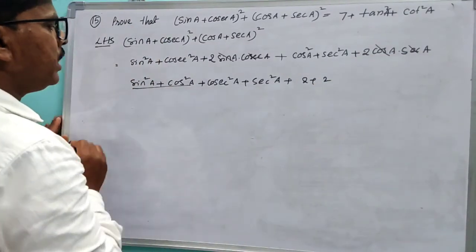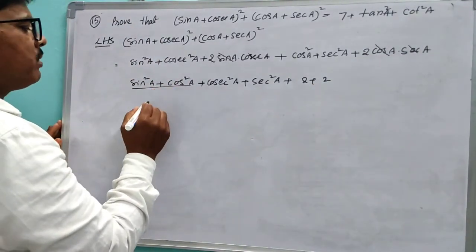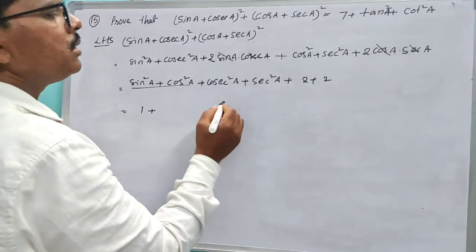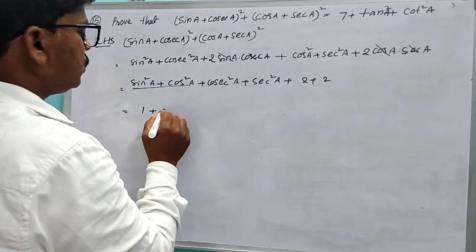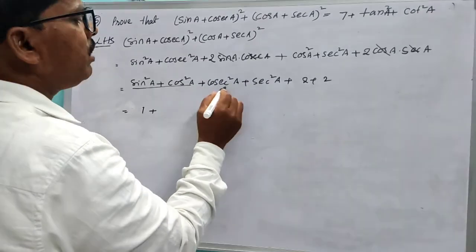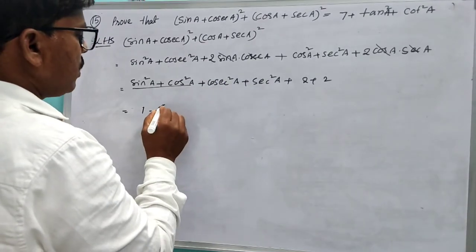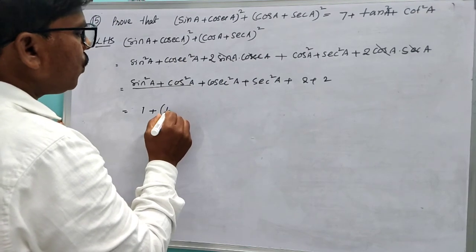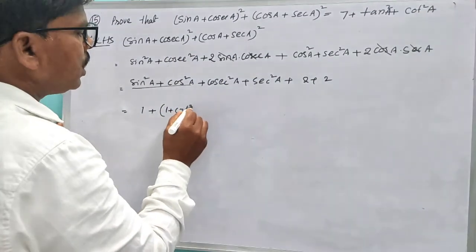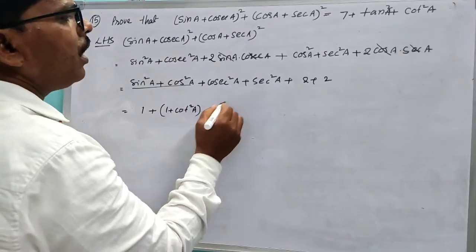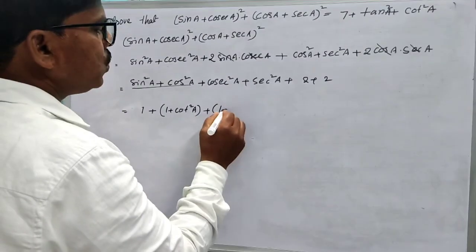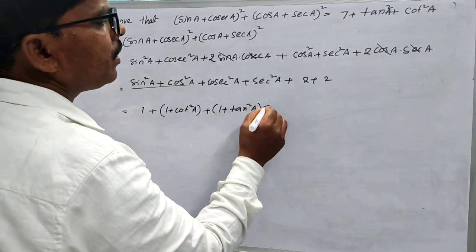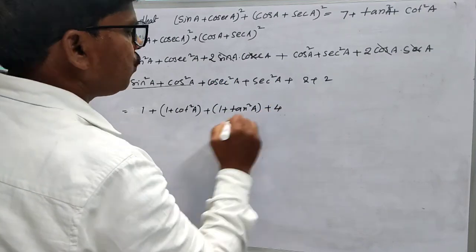Now sin square a plus cos square a is equal to 1, plus cosec square a can be written as 1 plus cot square a, and sec square a can be written as 1 plus tan square a, and 2 plus 2 is 4.